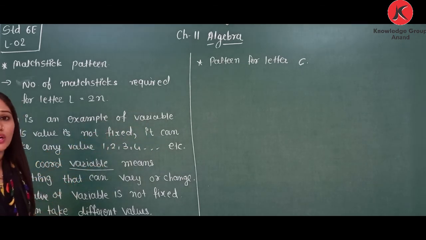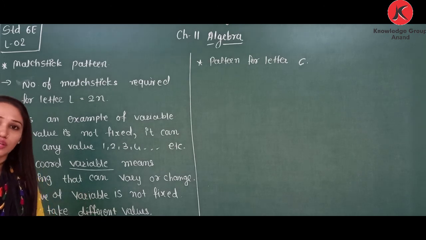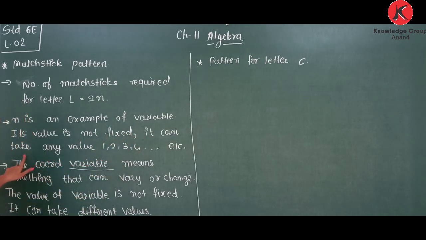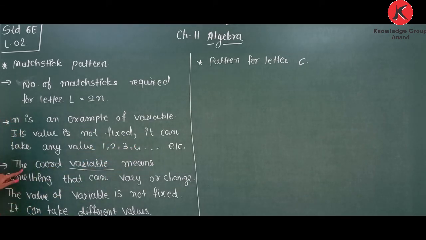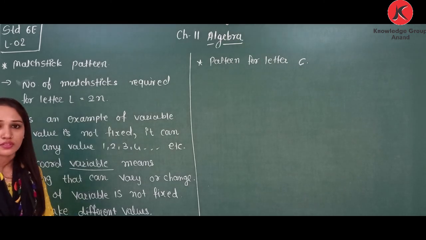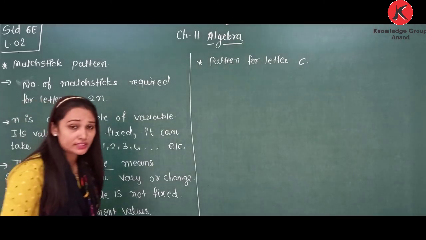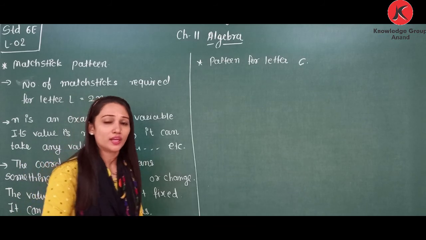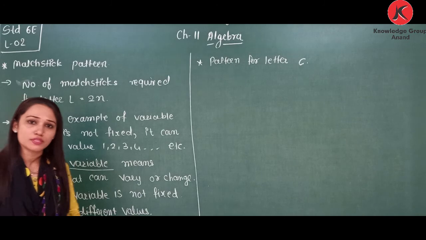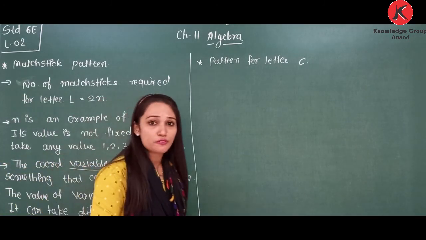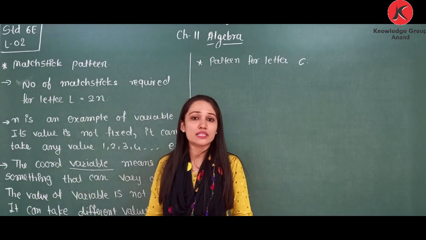For a different number of times we take a different value. It can take any value like 1, 2, 3 to infinity. The word variable means something that can be changed, that can vary. Variable means whose value is not fixed. It can take value 100, it can take value 20, it can take value 6. For example, if we take the example of the perimeter of a square, for different examples the side of the square is different.